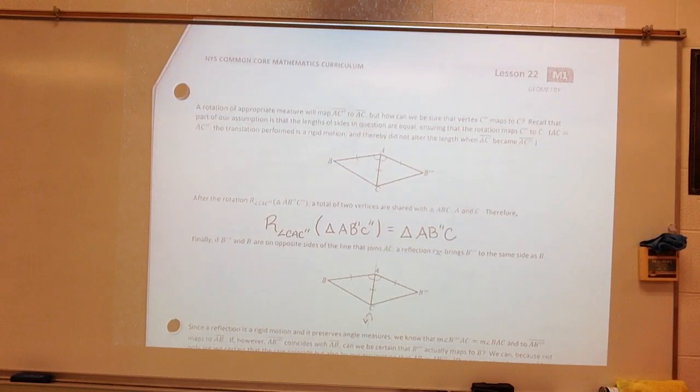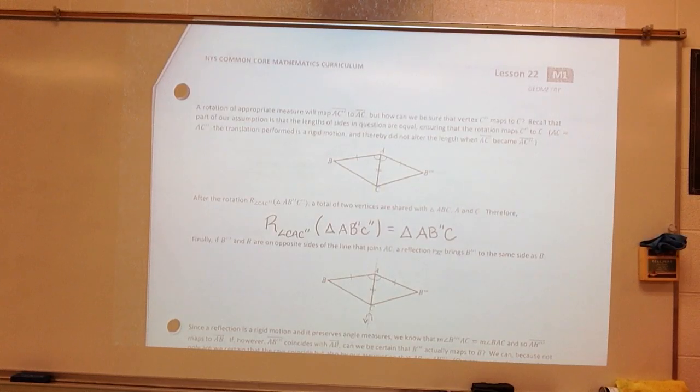So since a reflection is a rigid motion and it preserves the angle measures, we know that the measure of angle B triple prime AC is equal to the measure of BAC. And so, AB triple prime maps to AB.